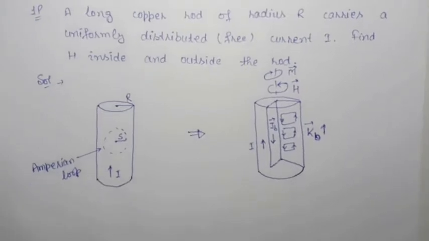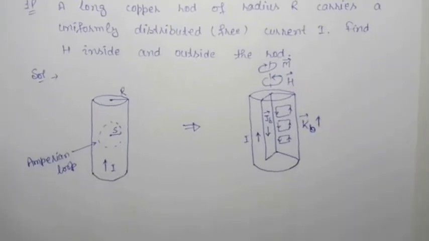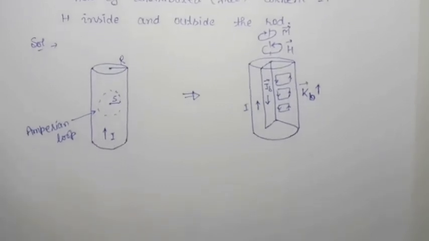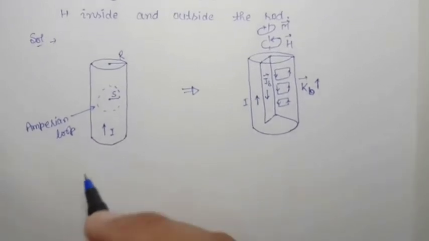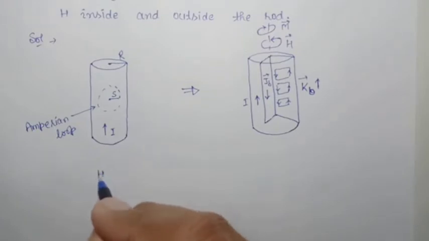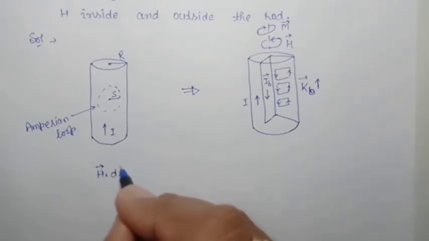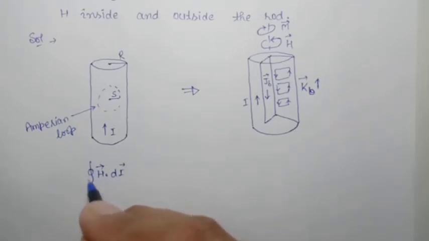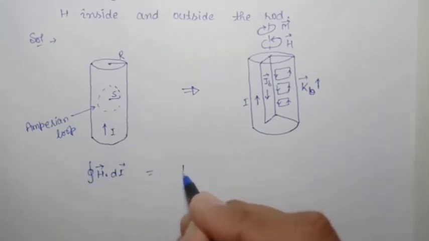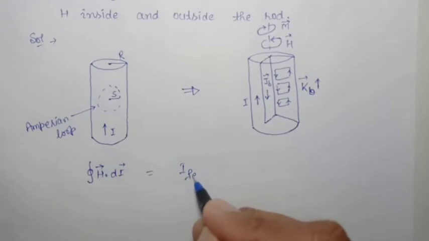Next, as per Ampere's law, we know the line integral of H dot dl is equal to the free current enclosed in the Amperian loop.